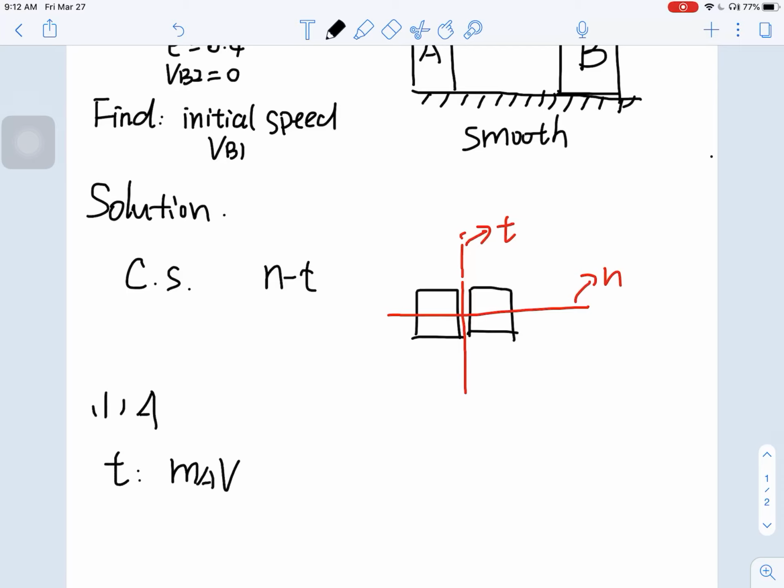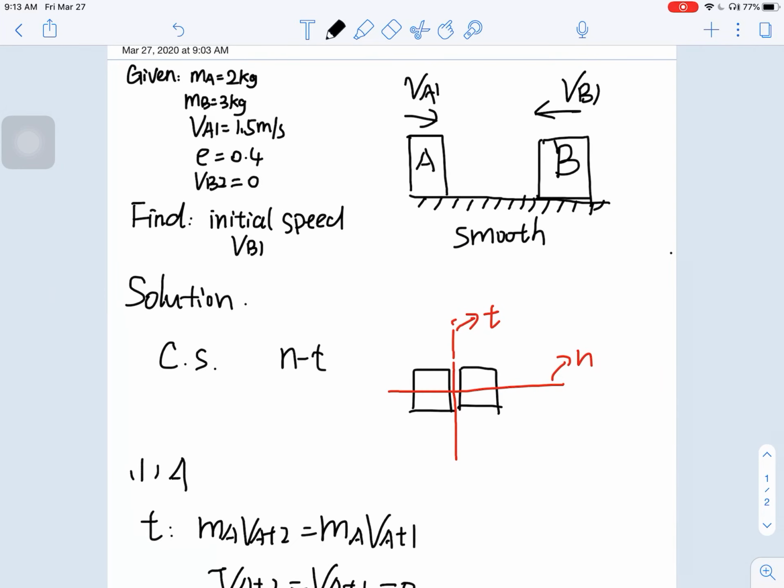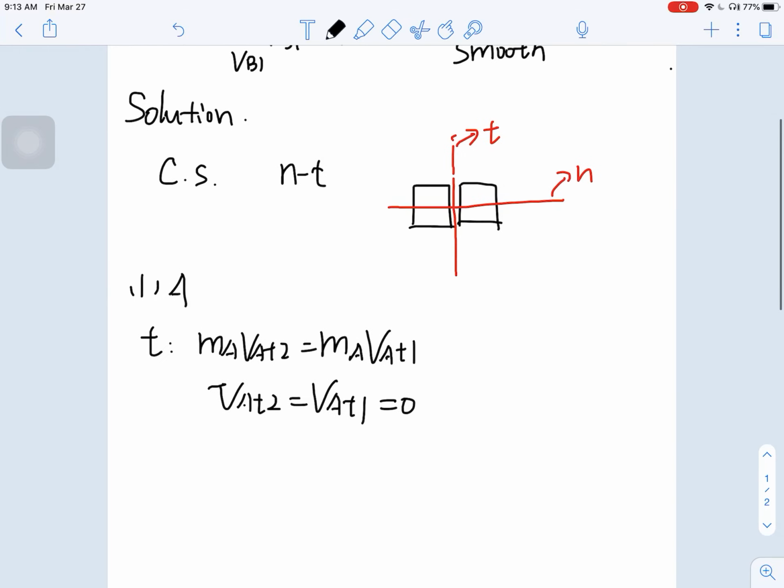That gives us MA VAt2 equals MA VAt1. Since t is this vertical direction, and all the motions in this problem are in the n direction only, VAt2 and VAt1 are both equal to 0.